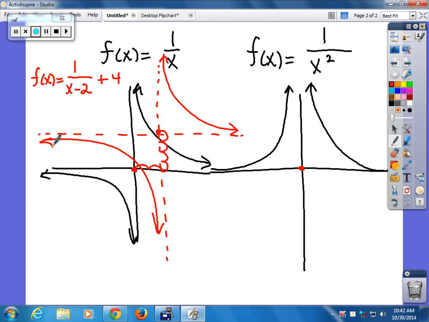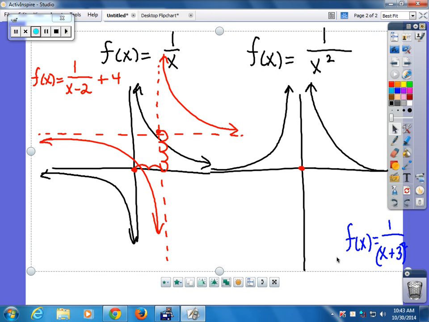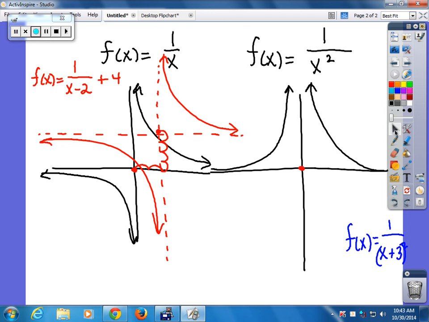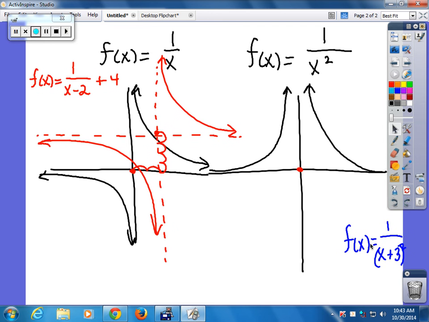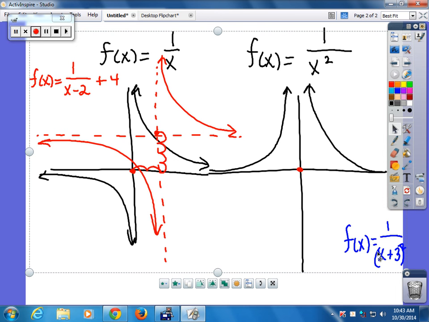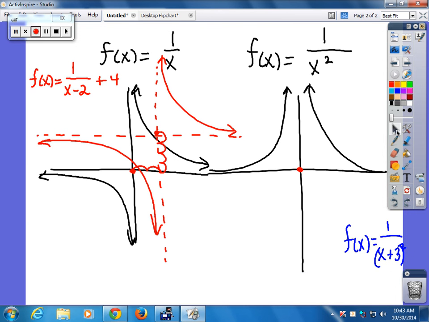All right, so let's do 1 over x squared here. What if I give you f of x is equal to 1 over x plus 3 quantity squared. Ooh, that ain't gonna work. Okay, let's do this.